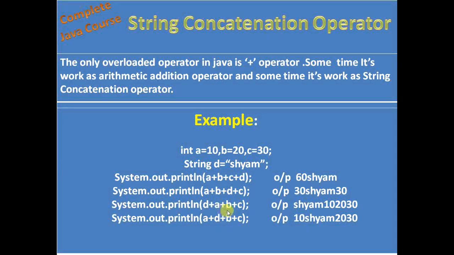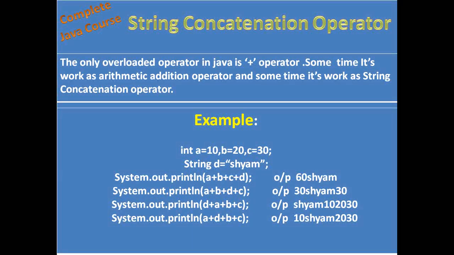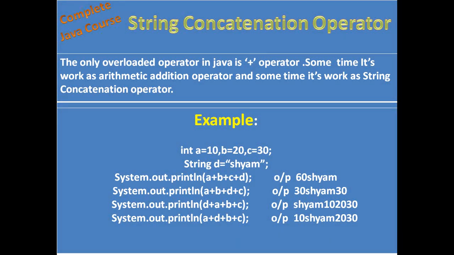In the same way, if we add d plus a plus b plus c, then the output will be Siam 10, 20, 30. And if we add a plus d plus b plus c, then the output will be 10, Siam, 20 and 30.